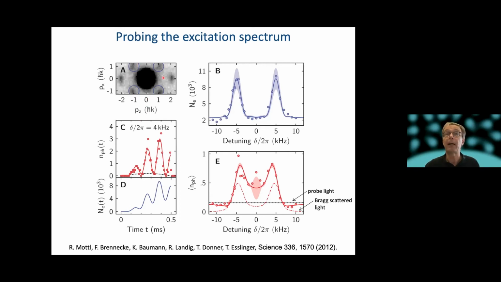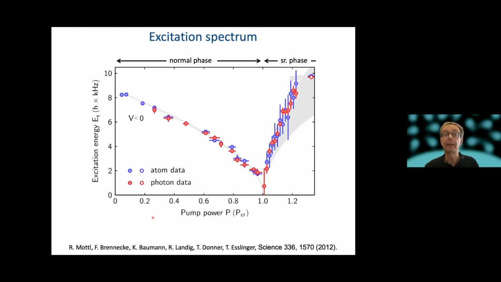Here you see these Bragg peaks, and here you see the photon number after an excitation, and here the probe light of the field. For the different regimes, here it's a larger detuning, here a weaker detuning where the resonance is, and you can now change the pump frequency, and then you get a diagram as shown here.